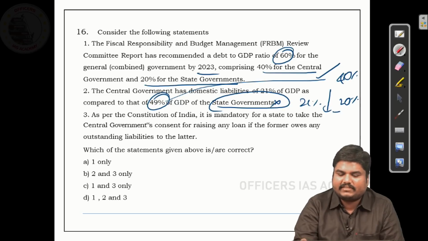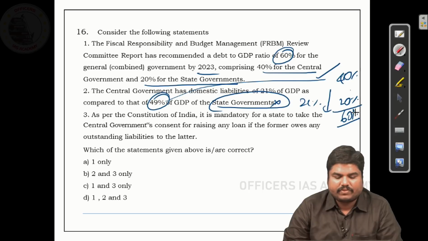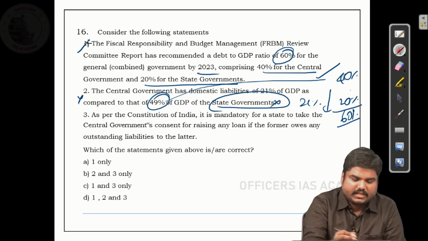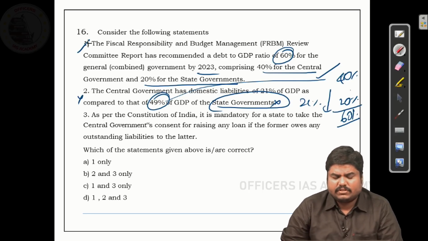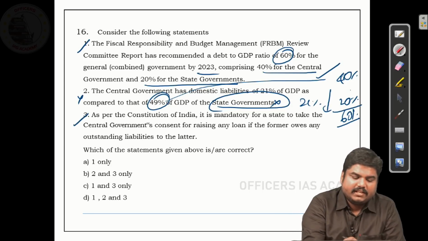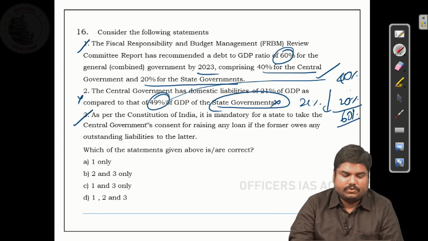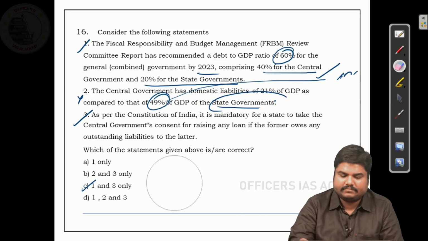So, put together we have to reduce the debt to 60%, right. Statement 2 is wrong, statement 1 is correct. As per the Constitution of India, it is mandatory for a state to take the central government's consent for raising any loan if the former owes any outstanding liabilities to the latter. That is a correct statement. So, 1 and 3 are correct. So, the answer is going to be C, 1 and 3 only.